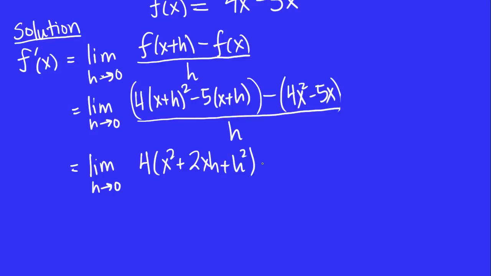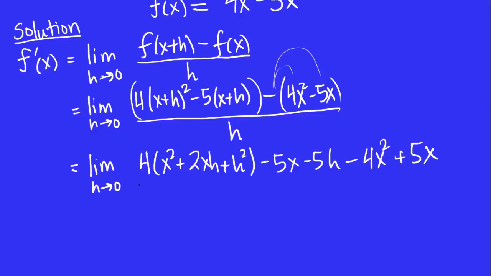Foil that out if you don't know that. And I'm not going to bother writing these brackets here. This 5 here multiplies onto both. So we get minus 5x minus 5h. And this minus sign applies to both of those as well. So this is minus 4x squared plus 5x. And it's still all over h.